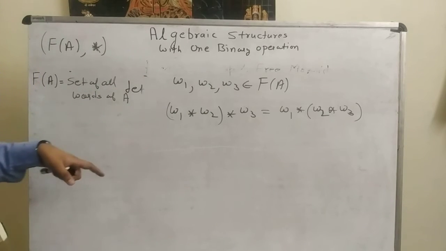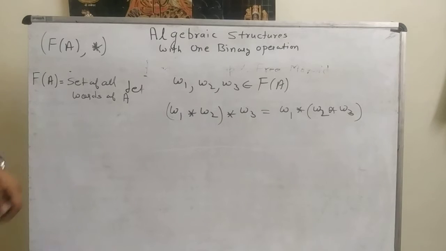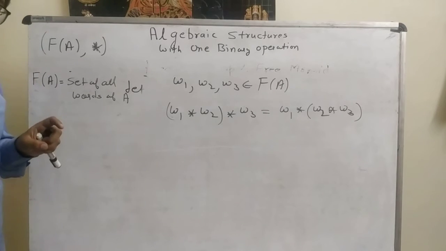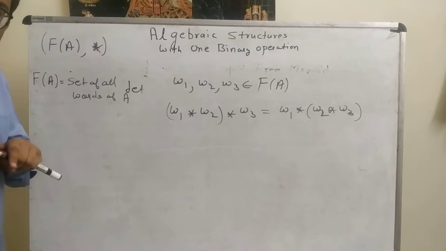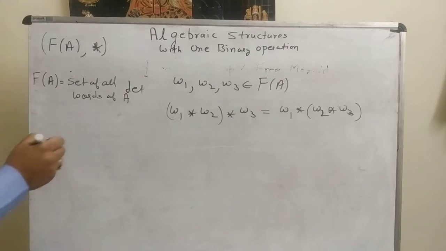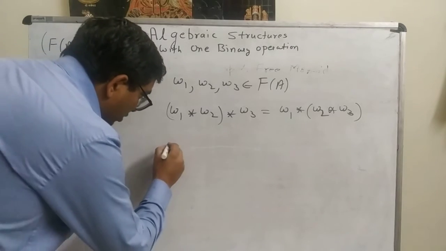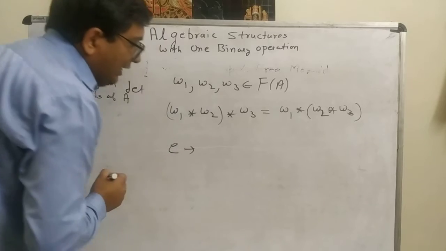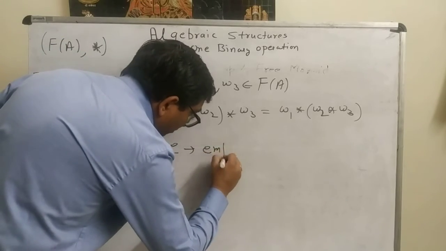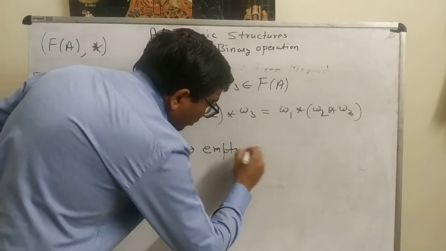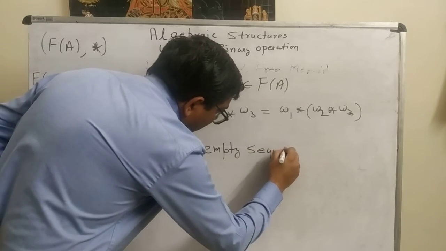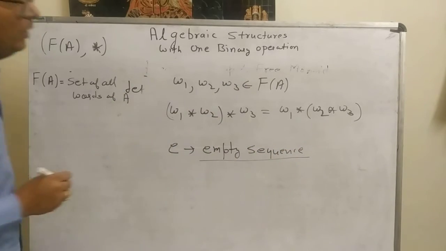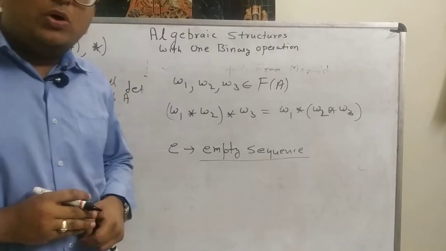Now let us check the identity. If we find the identity of this algebraic structure, then we can say that it is also a monoid. We define a word E, which is an empty sequence, a sequence with 0 elements.